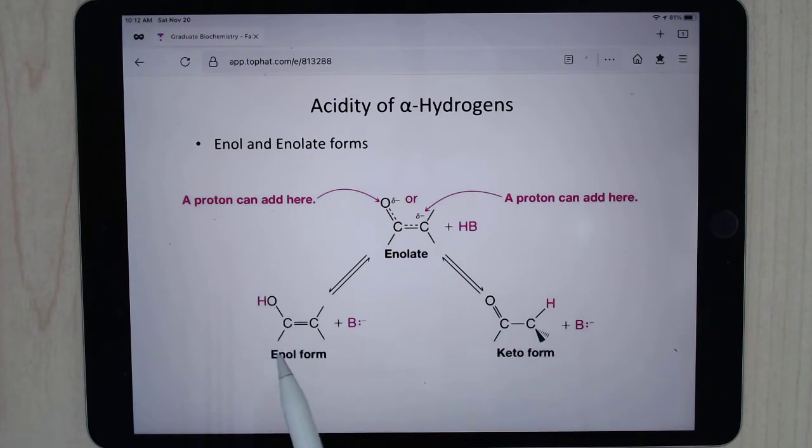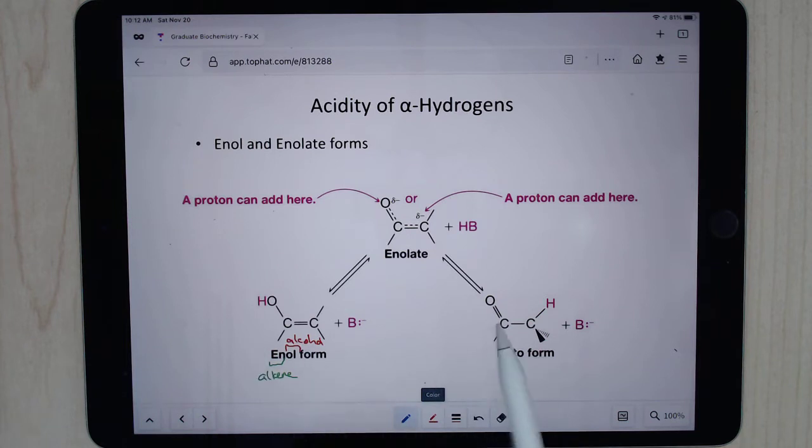Okay. So with that, so the enol, right? So this is from alkene, right? And this is from the alcohol, right? So you can actually go back and forth between these two. They're not resonance structures, right? Because you're moving that hydrogen. Okay, but it can go between these two.